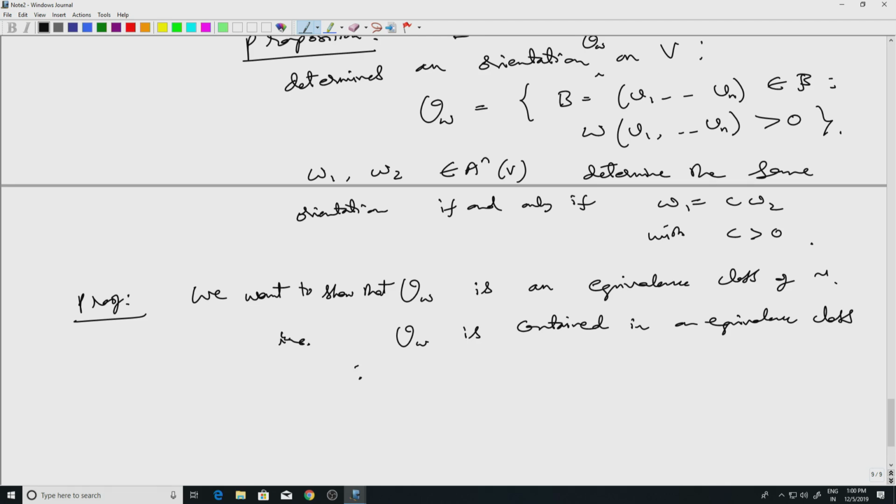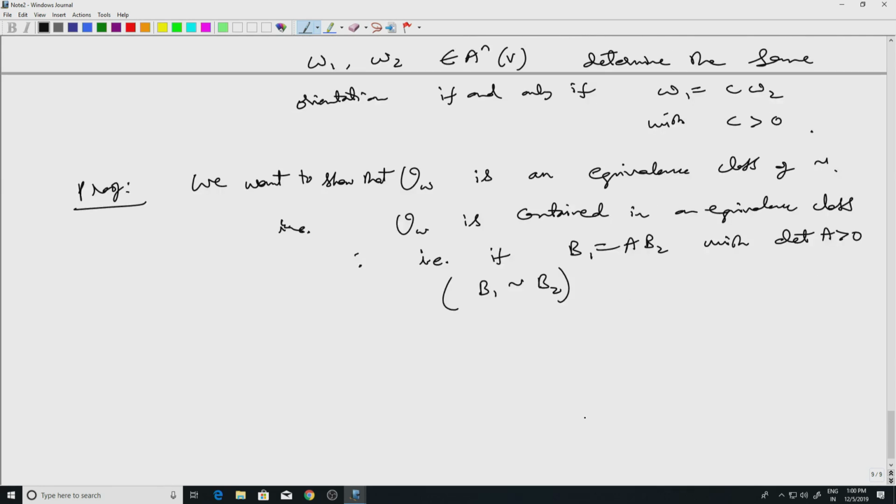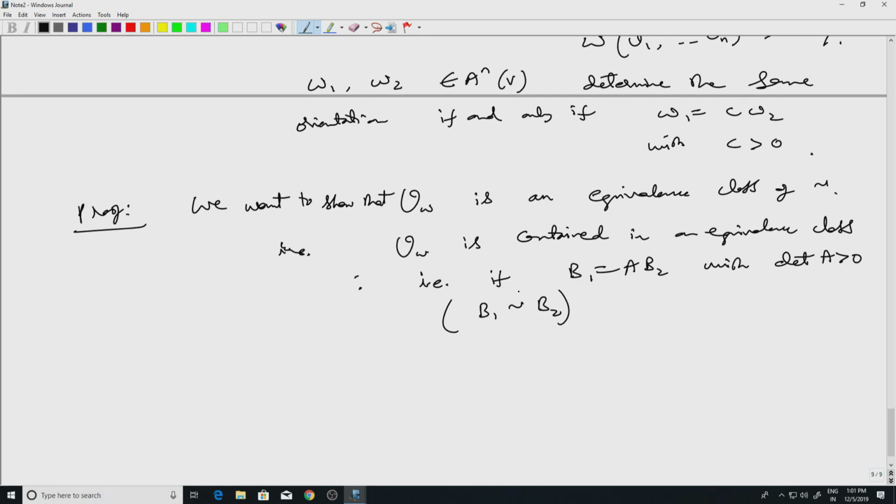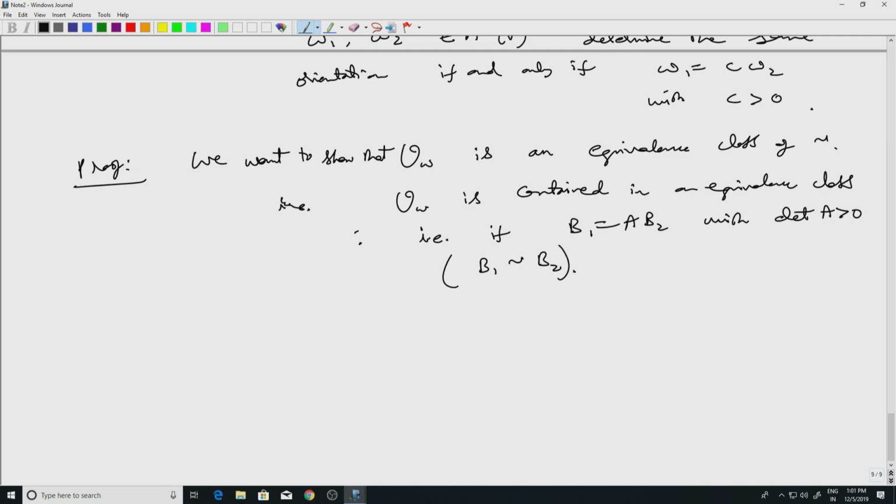If B1 equals AB2 with determinant A positive, that is another way of saying B1 is equivalent to B2. So let B1 equals AB2 with determinant A positive.